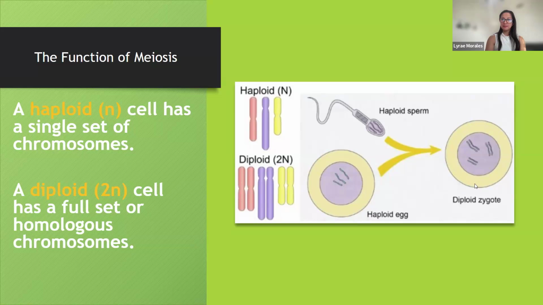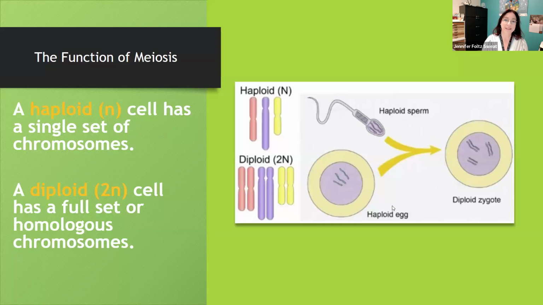So we could combine? Yeah, exactly. The sperm and the egg each have 23 single chromosomes, but in all of our cells except our gametes, we have 46 single chromosomes. So 23 from the sperm, 23 from the egg, they fertilize, now you have 46 again. Does that make sense?